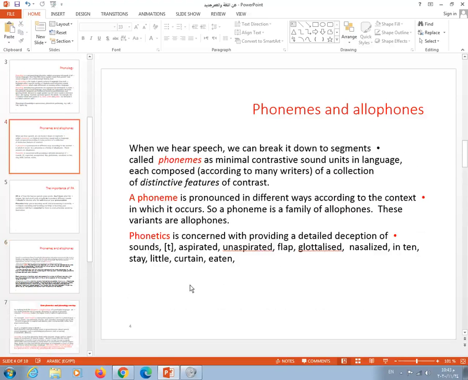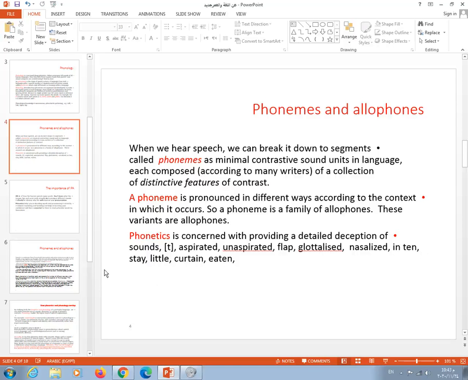For example, the sound t: the aspirated as in "tore", the unaspirated as in, for example, "stay", the flapped as in "little" in American English, the glottalized as in "little", the nasalized as in "tan", and so on. You see it in words such as tan, stay, little, curtain, Eden, and so on.